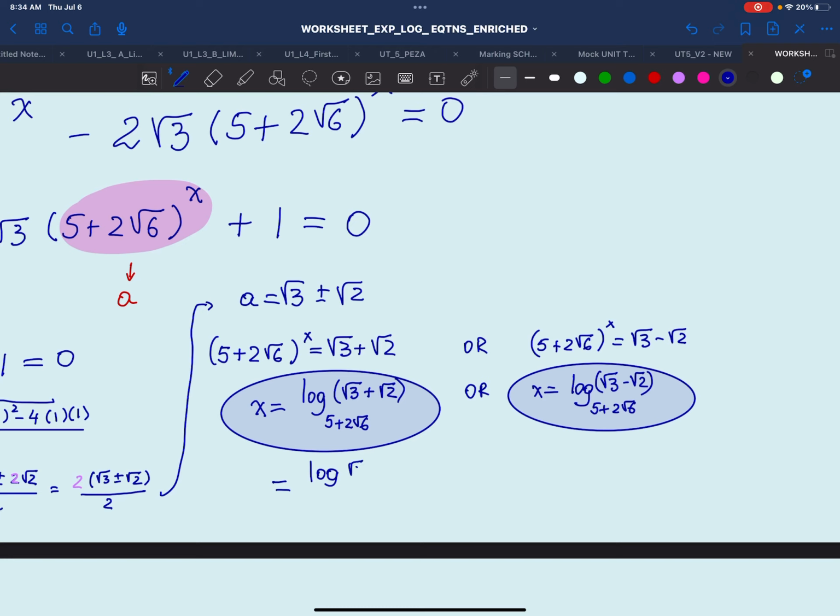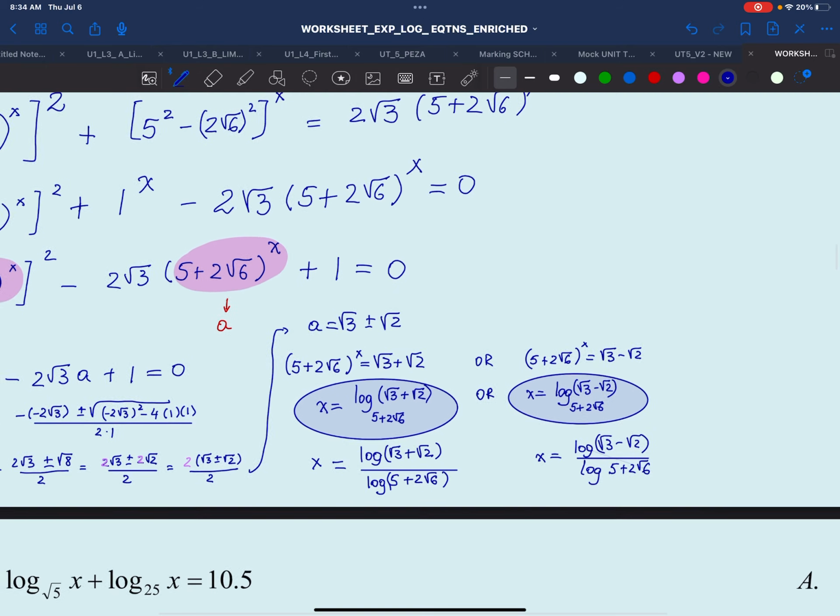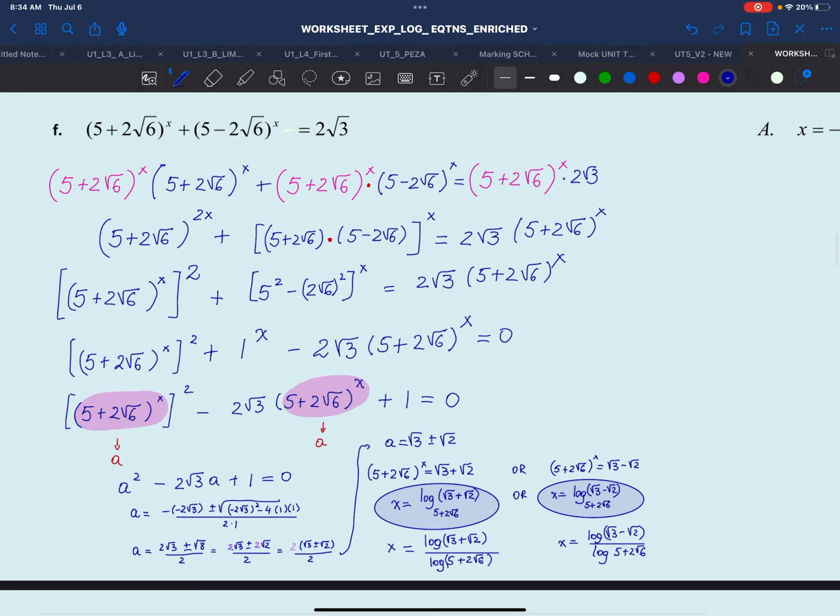So log of root 3 plus root 2 over log of 5 plus 2 root 6, and log of root 3 minus root 2 over log of 5 plus 2 root 6. And voila, this is a solution to this beautiful looking equation.